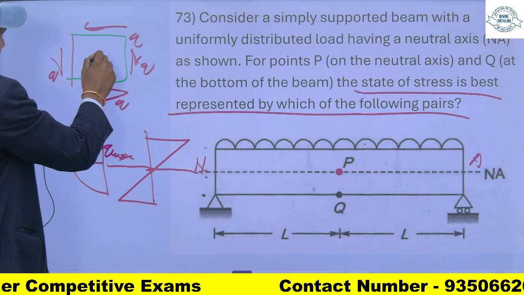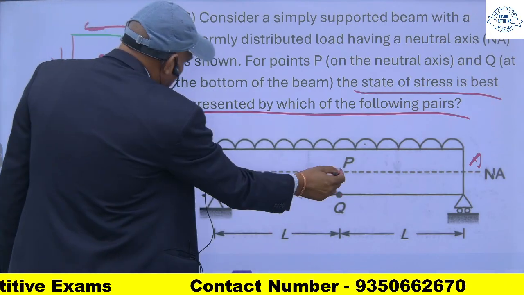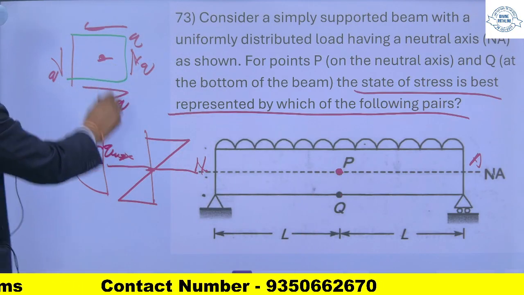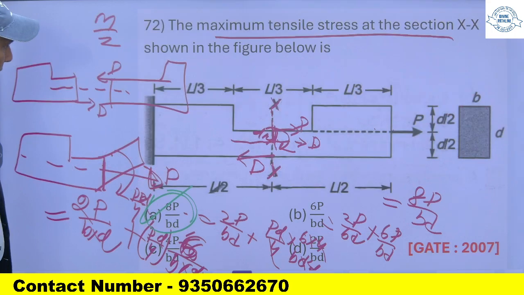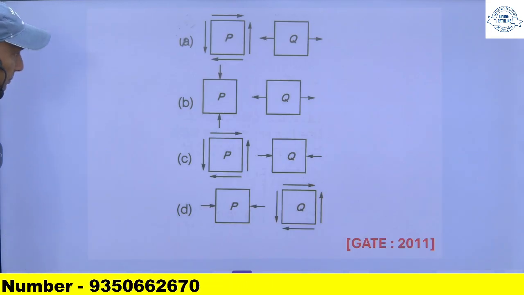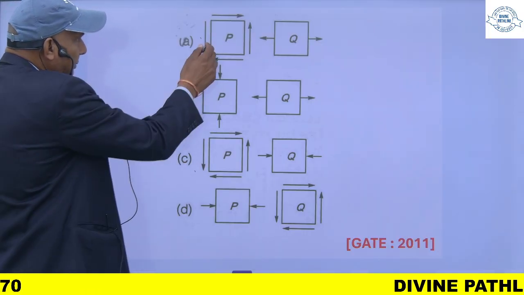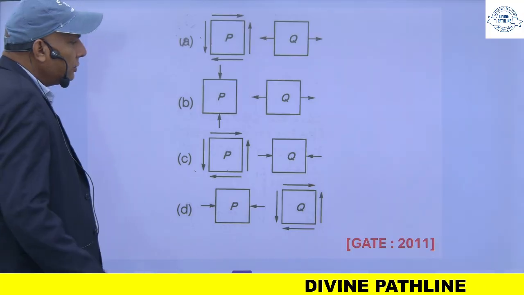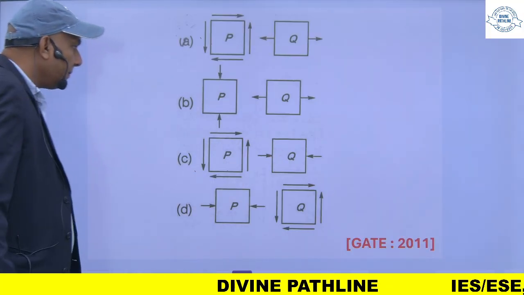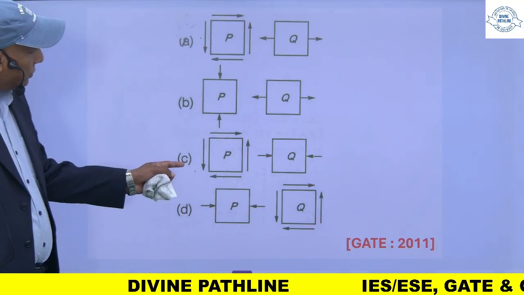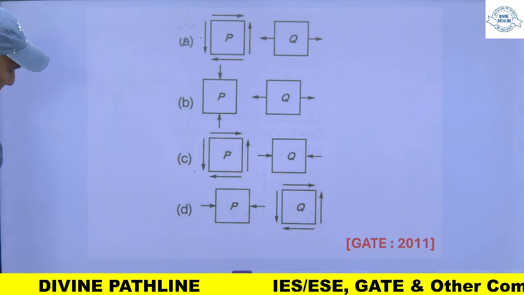So this is the state of stress at P: no direct stresses, only shear stresses. It means out of A and C, both are possible for P, so for Q I have to choose either from A or C.